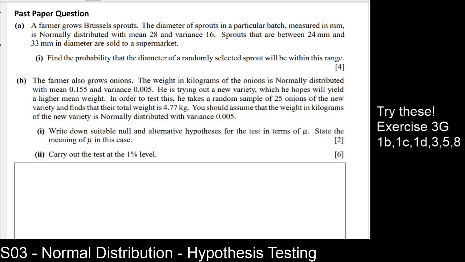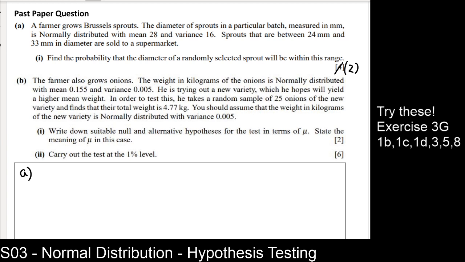Find the probability that the diameter of a randomly selected sprout will be within this range. Firstly, this is a past paper question from an old spec. I'm going to be a bit harsh here and change that to say that it should only be 2 marks. And the reason for this is that in the old spec, you'd have to use tables to get these probabilities. Now we can simply just put this in our calculator.